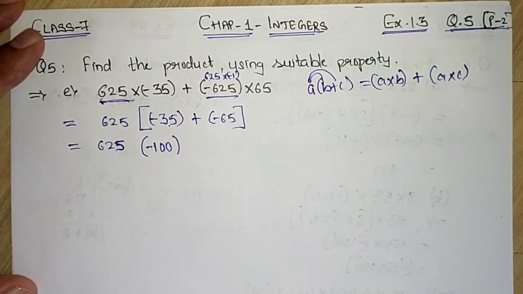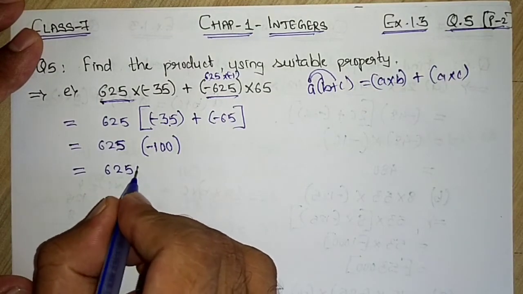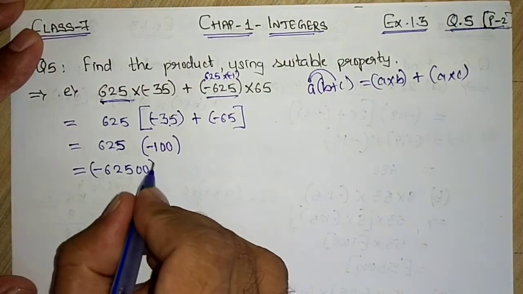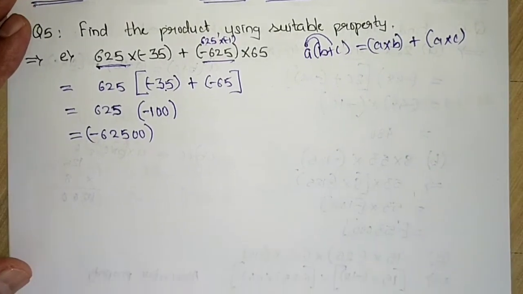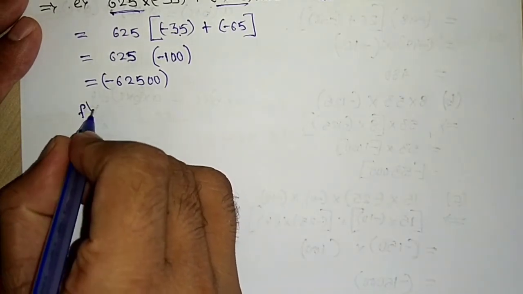Now multiplying 625 with minus 100 is very easy, because we simply add the two zeros to 625. So our answer is minus 62,500.